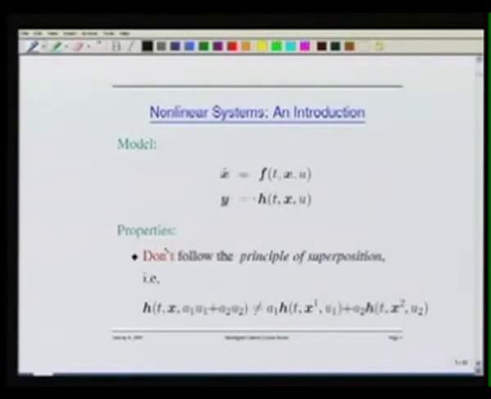You see x is a vector, f is a vector, y is a vector, and so is h. So, this is a multi input multi output system. When I say this is nonlinear, what does it mean? The first thing you already know is that a linear system follows the principle of superposition, and a nonlinear system is not expected to follow it.